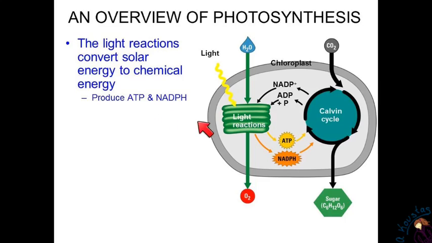NADPH is going to carry electrons. So ATP and NADPH will be produced in the light reactions and will be used in the dark reactions, or the Calvin cycle, to use the carbon in carbon dioxide and turn it into sugar. So first we're going to talk about the light reactions and how exactly the light reactions create ATP and NADPH.